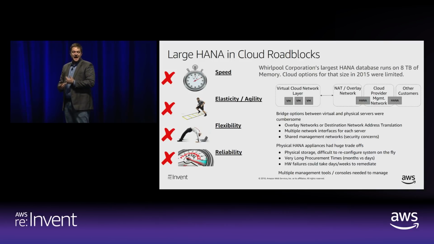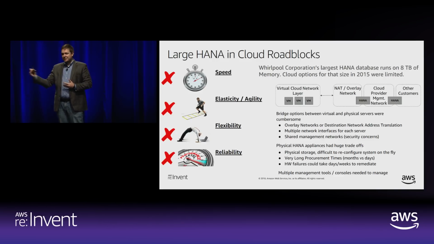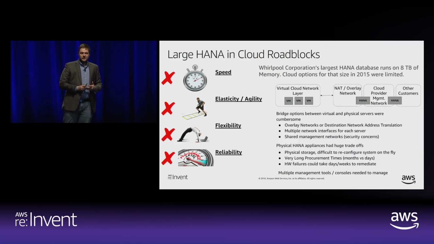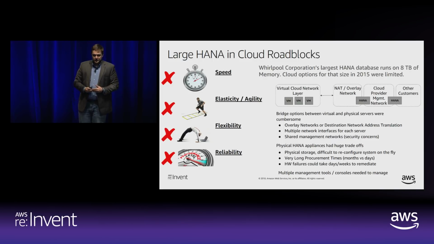You had to use NATing or overlay networks to bridge the networks together. The cloud provider needed their hook in to be able to manage the physical appliances, and that created backdoors that security teams just love when you're talking about a data center that you don't own and control. So it created a lot of problems for us.